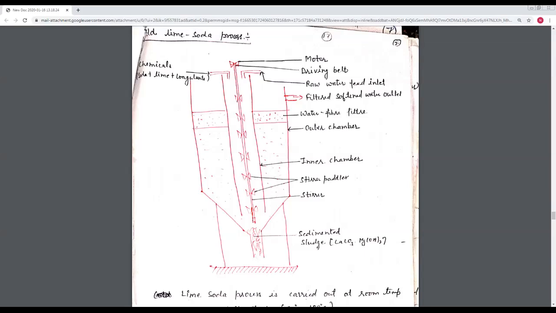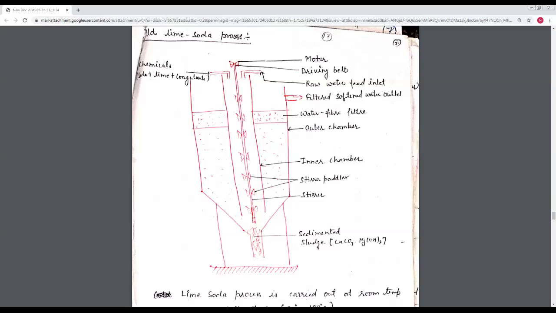Firstly, we take the raw water, meaning hard water, from one side, and on another side we enter the chemicals: soda, a calculated amount of lime, and the coagulant, into the inner chamber. Both the raw water and the chemicals enter the inner chamber, and after starting the motor the paddles move and the reaction takes place.